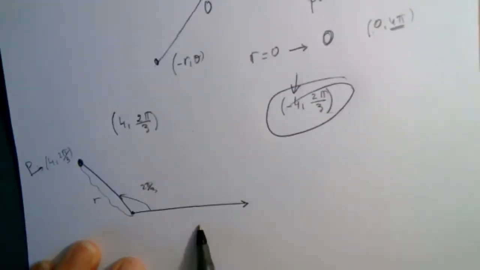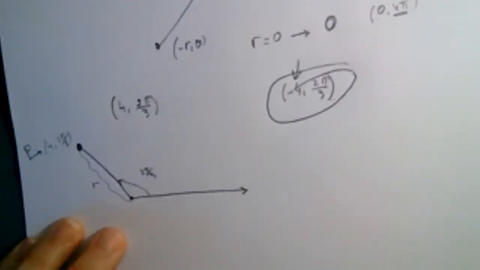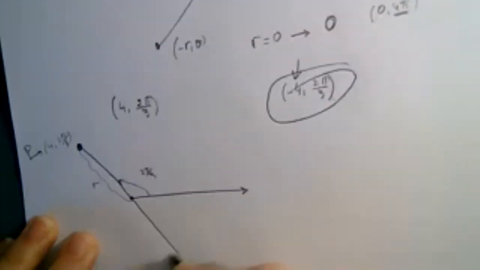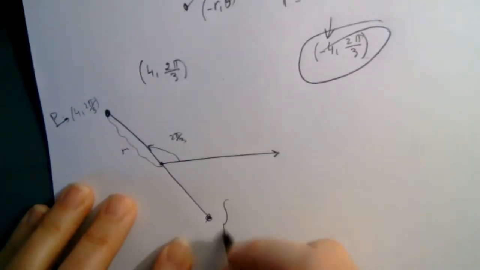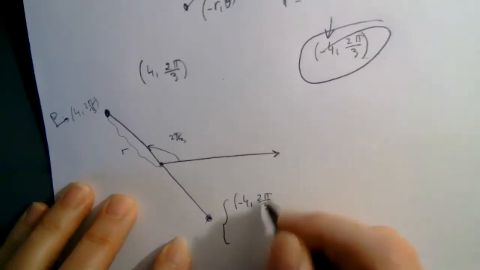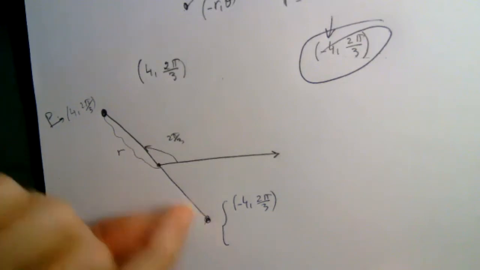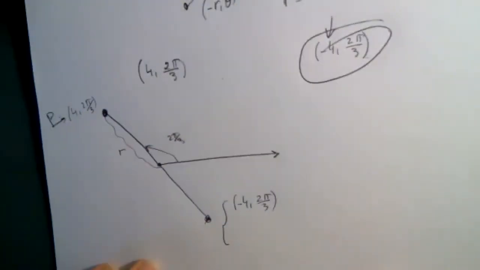In which quadrant? You're absolutely right, Sarah, the fourth quadrant. So if you take this and you go this way, that's the point in polar, (-4, 2pi/3). So the negative R is nothing more than the point in the opposite quadrant, totally opposite to (4, 2pi/3).